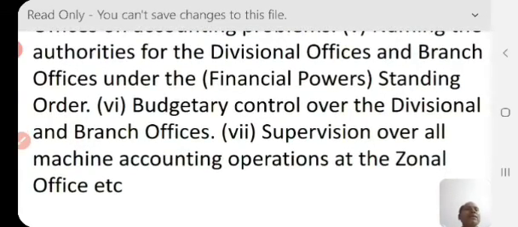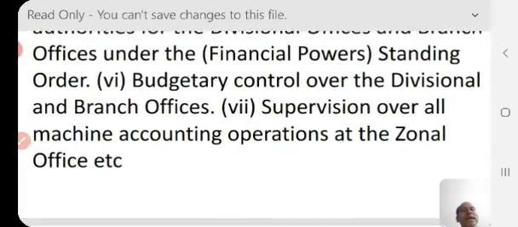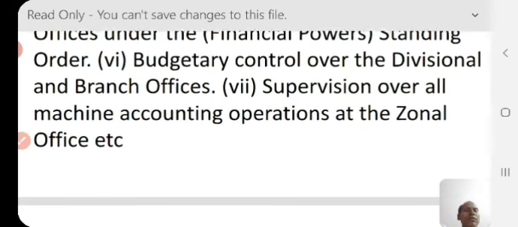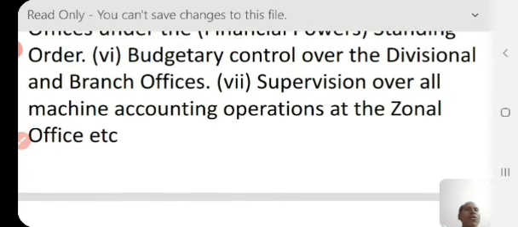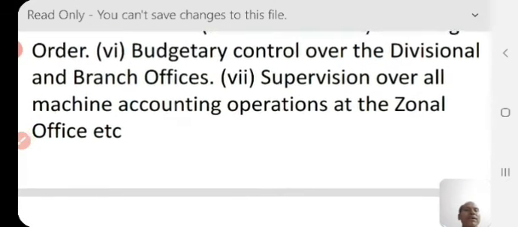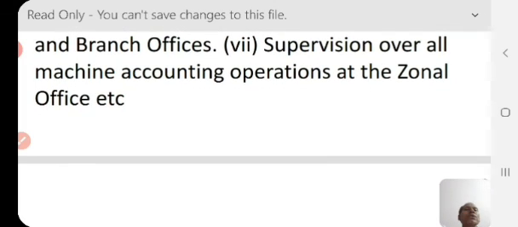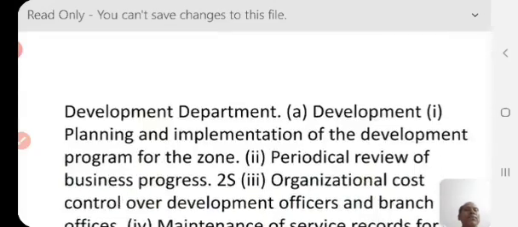Naming the authorities for the divisional offices and branch offices under the financial powers. Budgetary control over the divisional and branch offices. Supervision over all accounting operations at the zonal level.